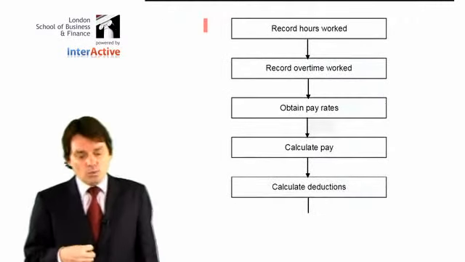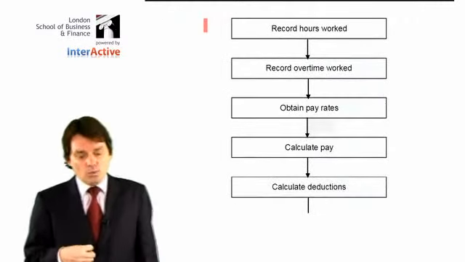Maybe you have a timesheet. Maybe you have what's called a clock card. So when people arrive at work, they put a card that reads the time when they arrive. When they leave, they put another card in and it records the time when they leave. But somehow there ought to be some kind of record of how many hours you are working. There should be some way of working out overtime. So how much overtime was there?